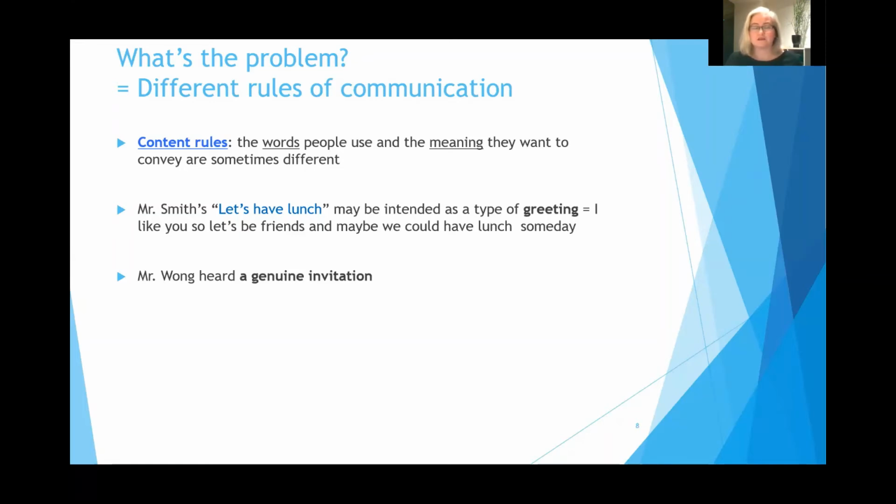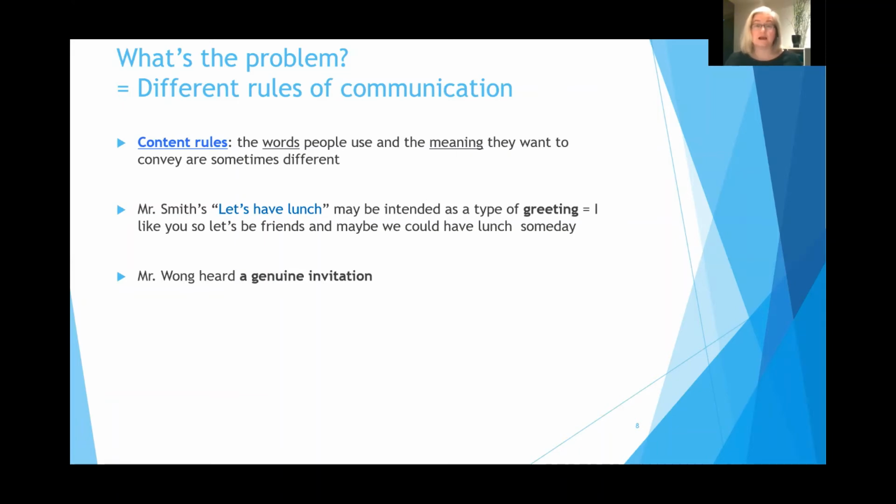So first off, one of the issues that I think we can see in this dialogue has to do with content. In other words, the words that people use and the meaning they want to convey are sometimes different. So in the dialogue, when Mr. Smith said, "Let's have lunch," he was probably intending this as a type of greeting.